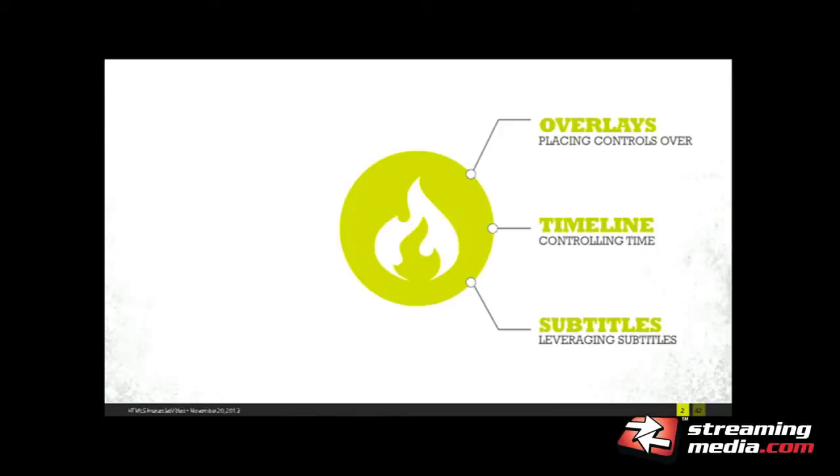We really want to create an engaging experience that could include overlays on top of the video element. It could be controlling the timeline itself of the video, and there are some neat things that we'll do with that. Using subtitles and leveraging those subtitles to engage the user that much more, especially if we're doing localizable content, streaming video around the world.